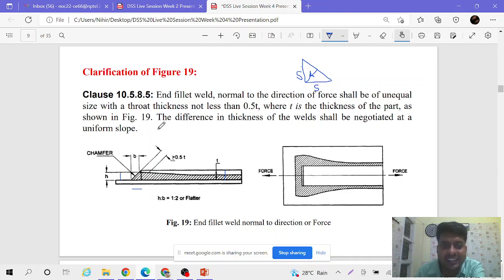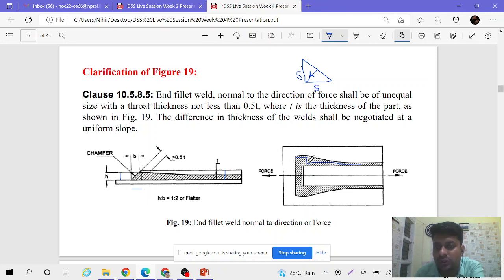After that it says the difference in thickness of the welds shall be negotiated at a uniform slope. See here, it is talking about the end fillet, and here it is the side fillet. If you provide a different throat thickness for the end fillet and a different throat thickness for this portion, the code says don't give a steep jump, decreasing the throat thickness and following a straight line.